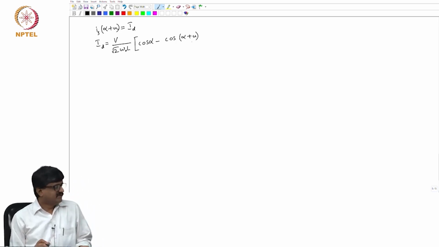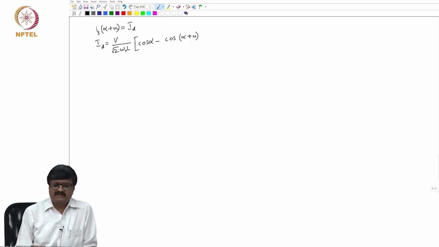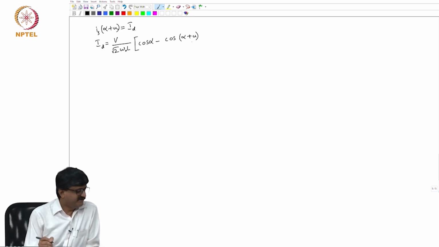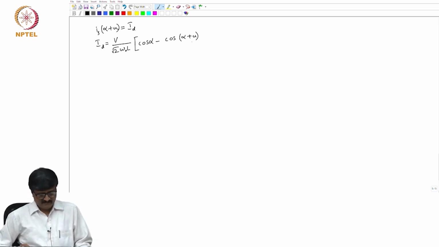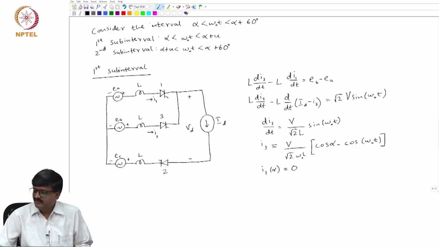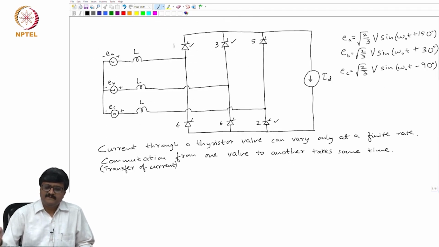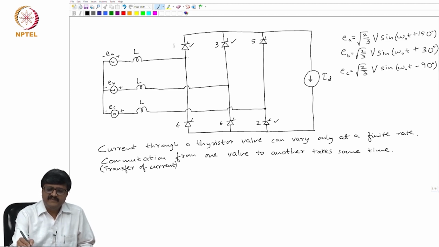Now, we normally write this in terms of current which is obtained as the peak value of short circuit current. If you just go back to the original circuit, there are AC side terminals of the converter.